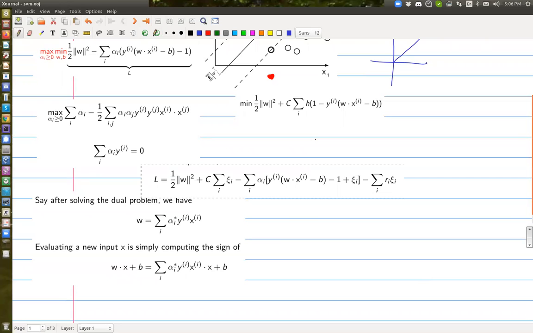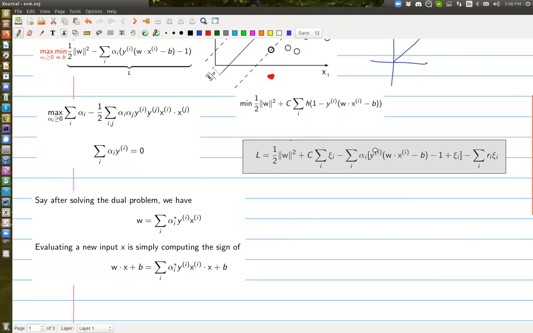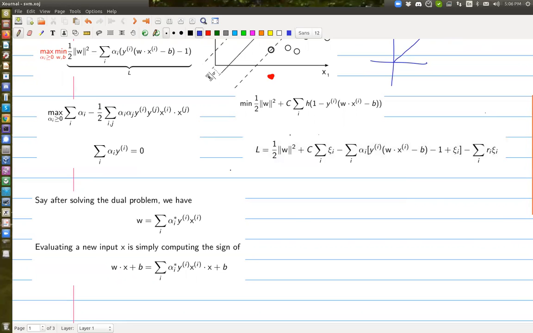Now the problem is replaced by this one. The new objective function is unconstrained, call it L, and I need to minimize this with respect to W, B, and also Ci.